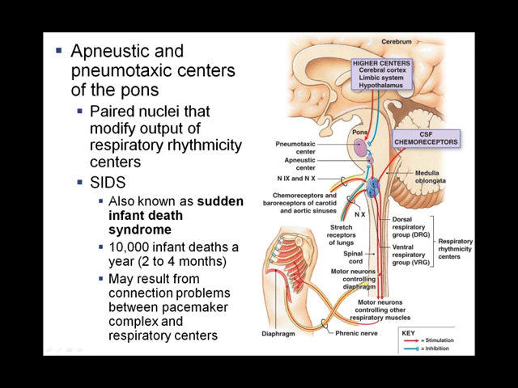There are some other important centers that communicate with the respiratory rhythmicity centers in the medulla oblongata. These are known as the apneustic and the pneumotaxic centers. Just know that they modify the output. They're in contact with the respiratory rhythmicity centers. Over here in this diagram, you can see that here's the pons right here.